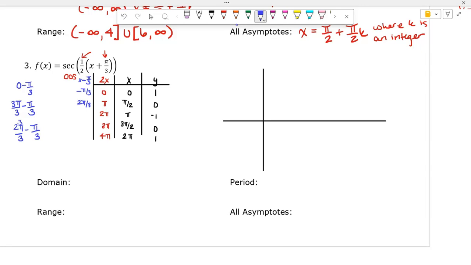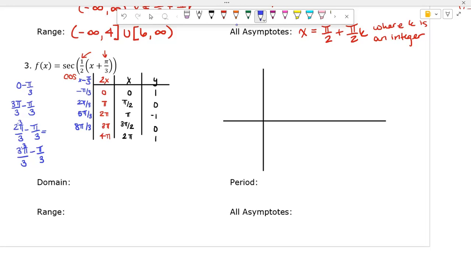That would get me 6 pi minus pi, so that would be 5 pi over 3. If I did 3 pi minus pi over 3, put this over 3, so I have 9 pi over 3 minus pi over 3, so that's going to get me 8 pi over 3.